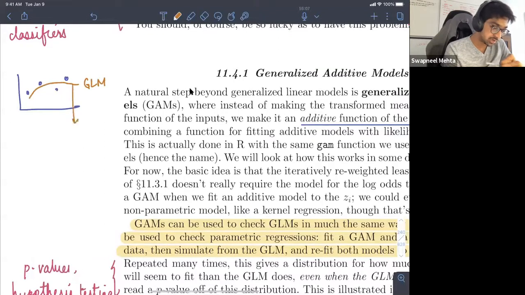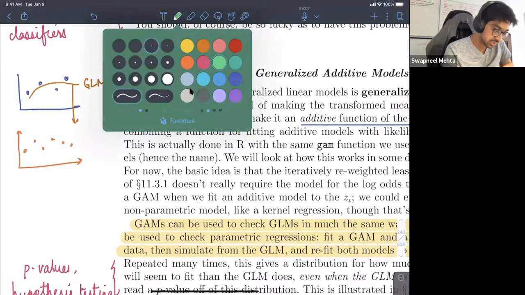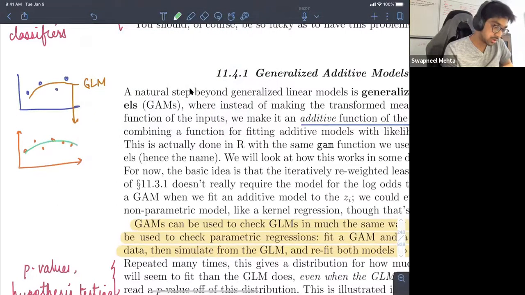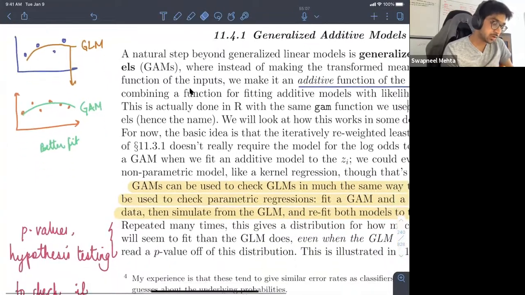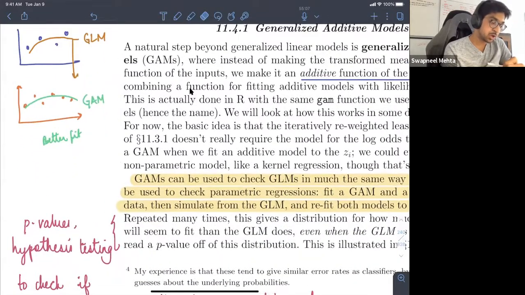Now you simulate data from this GLM. Now I fit a GAM to that simulated data, and I try to test, is this a better fit or worse fit? What I want to check is, will this on average fit better?